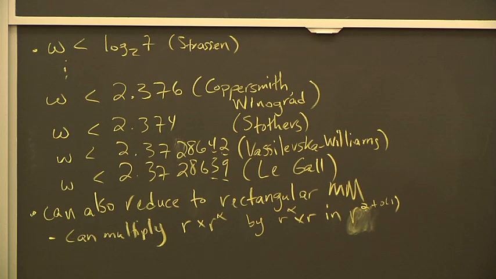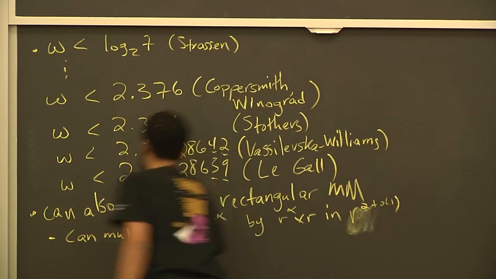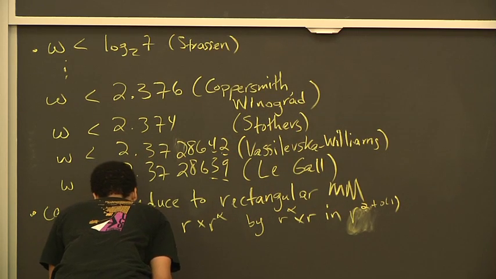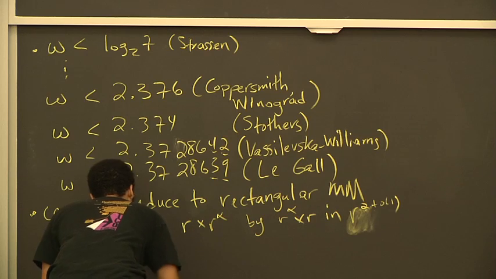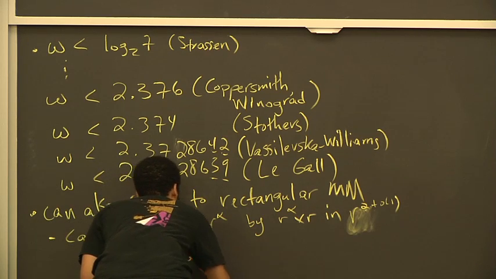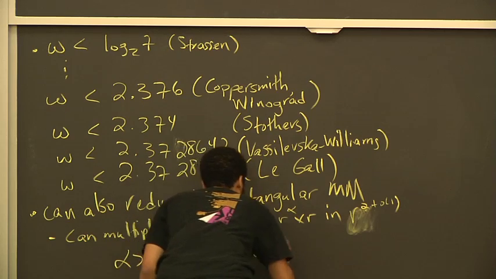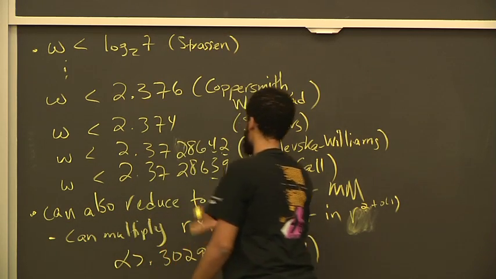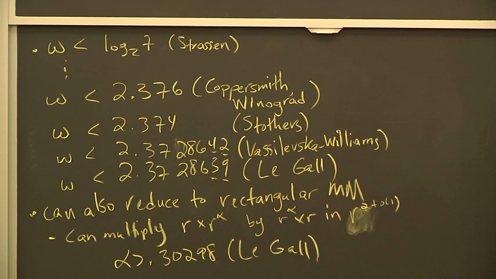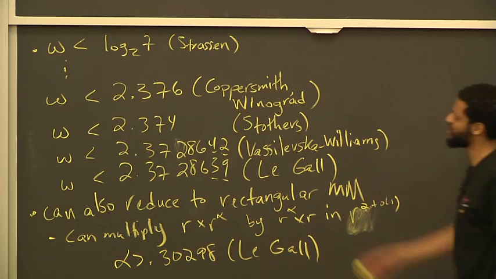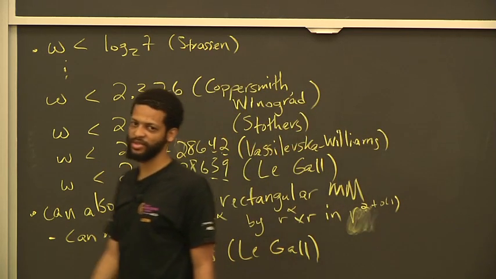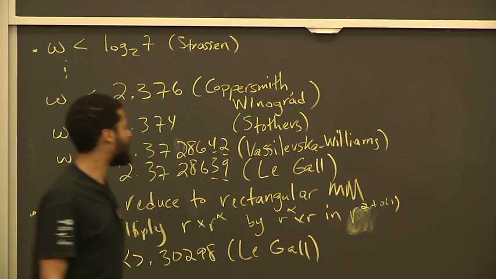So the question is what's the biggest alpha for which you can do this? And you can get alpha to be something that's at least 0.30298. This is also due to Le Gall. I mean, there's more history here as well. There was a previous bound by Coppersmith, but this is the best bound known. So you can reduce your problem to these fast matrix multiplication problems.